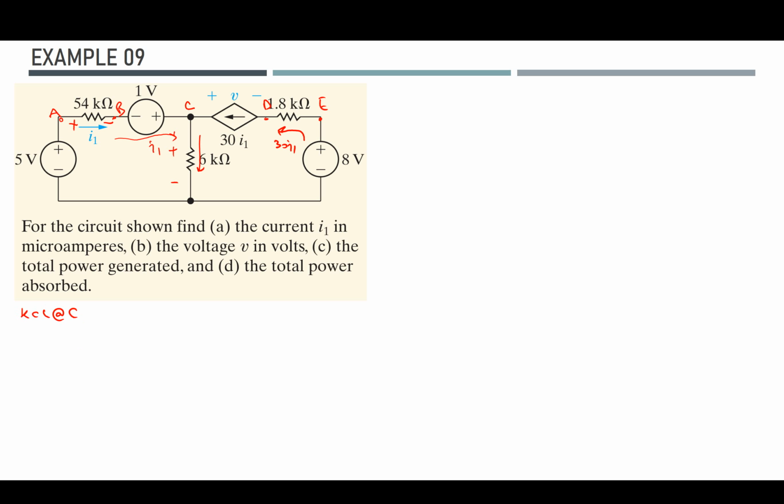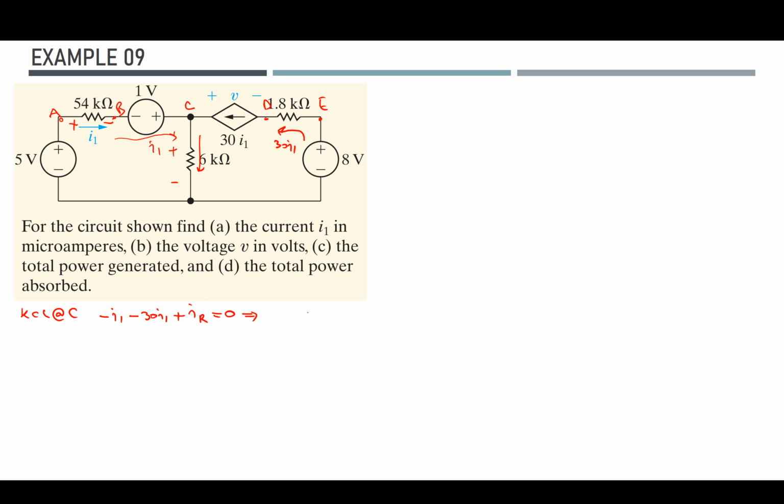Since I'm approaching with negative sign, I will use a negative sign: minus I1 minus 30 I1 plus the I resistor 6K should be 0.